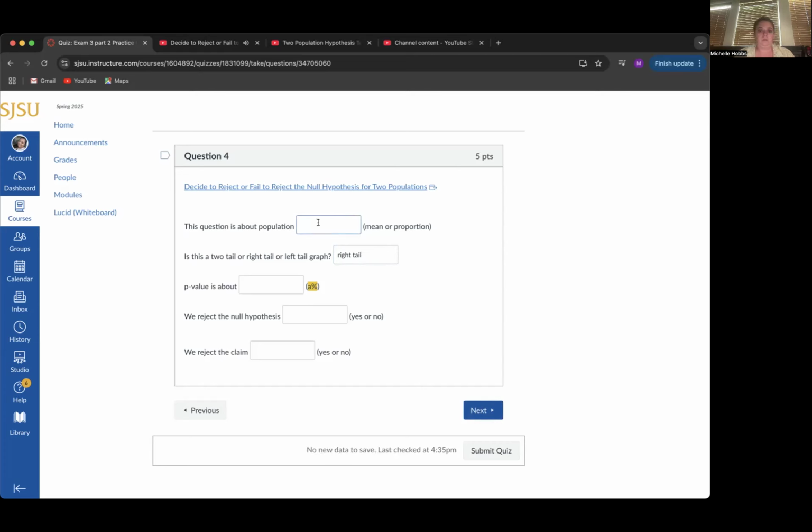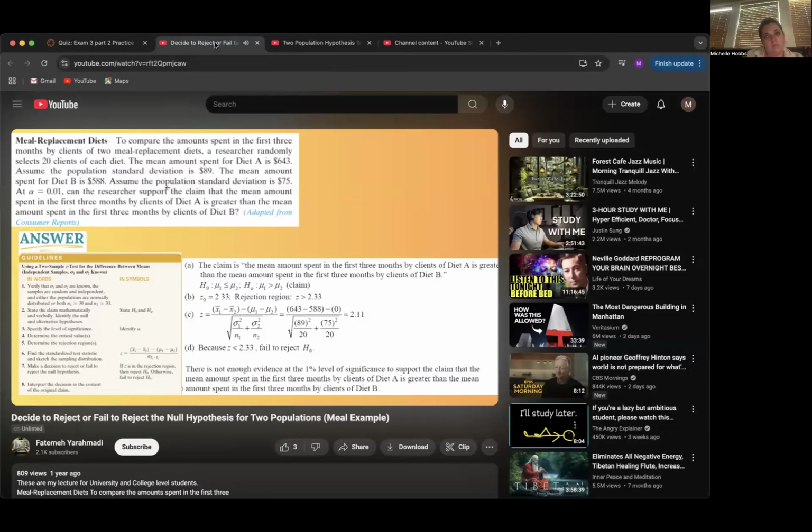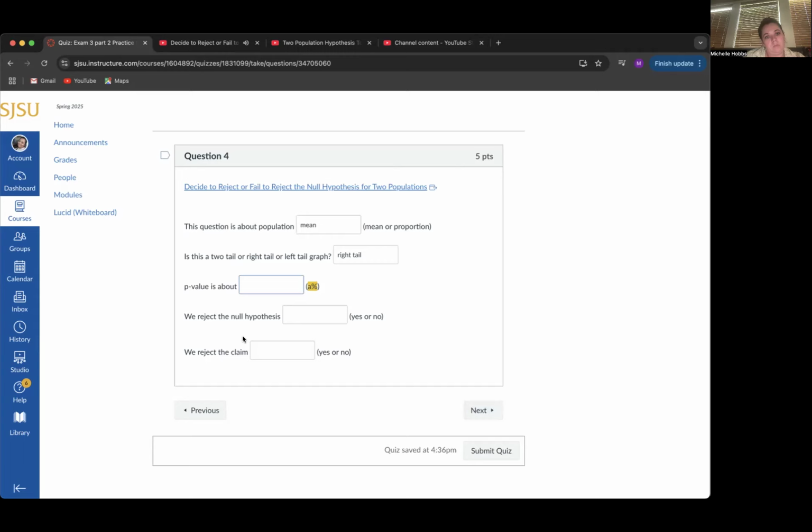The mean amount spent for diet A is $643. Assume the population standard deviation is given to us as 89. The mean amount spent for second diet B is $588. And assume the population standard deviation is $75.